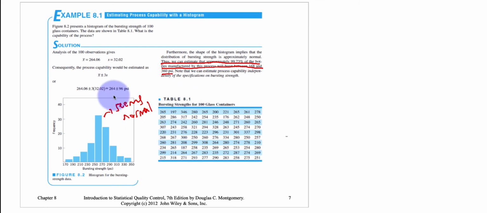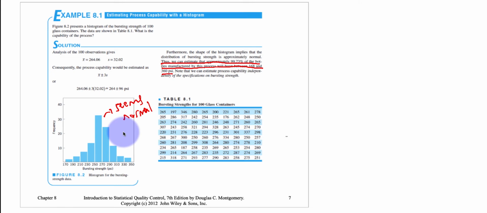For example, we can determine that the quality characteristics data is normal, because the first thing, when we do a process capability analysis, we assume that the quality characteristic is normally distributed. This is an assumption, but when we encounter real data, we need to check the normality of the quality characteristic, the normality of the data. Here, for example, these are the data we have, and when we make a histogram of this data, we see that the histogram seems normal. Okay, so it passed this test at least.